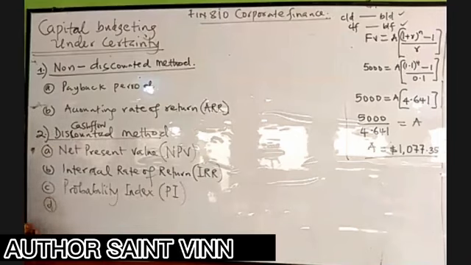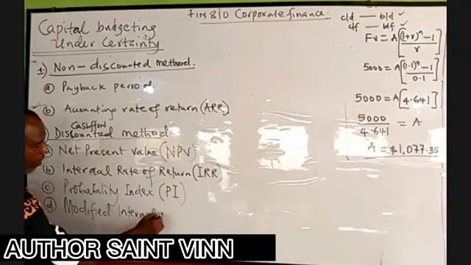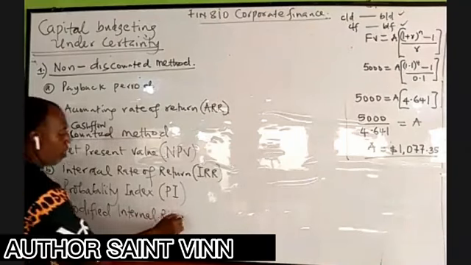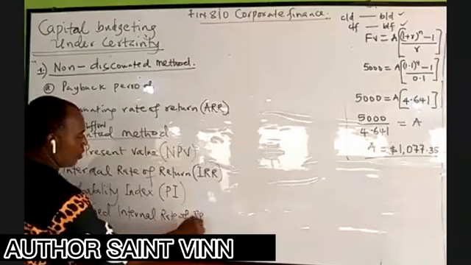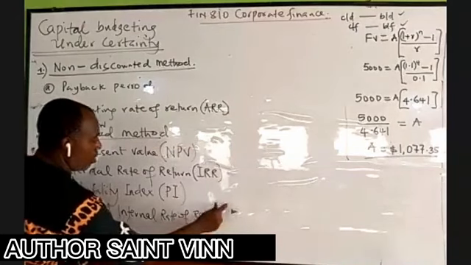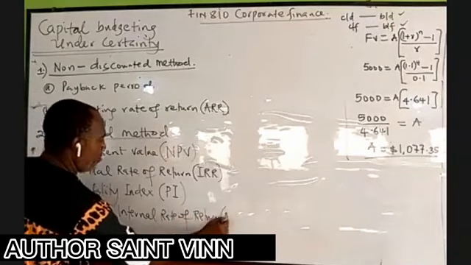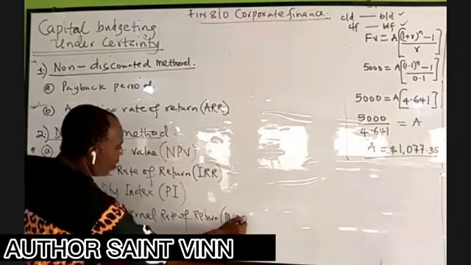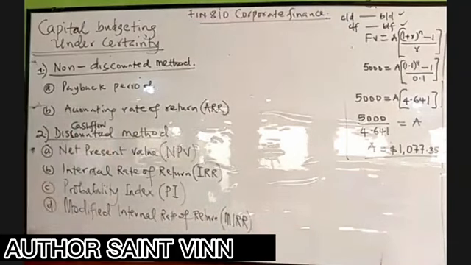Then the modified internal rate of return, MIRR. As far as capital budgeting under certainty is concerned, this is all we need to know.